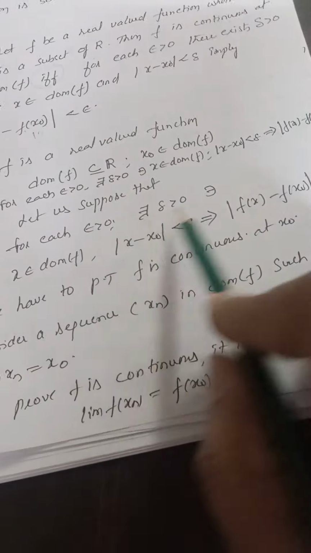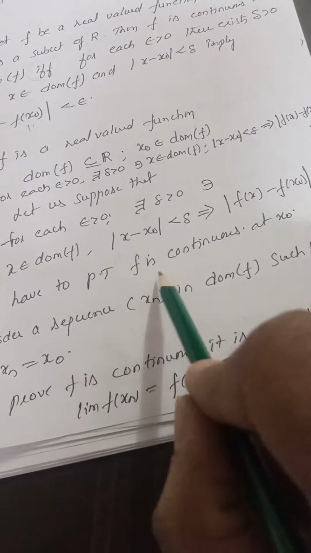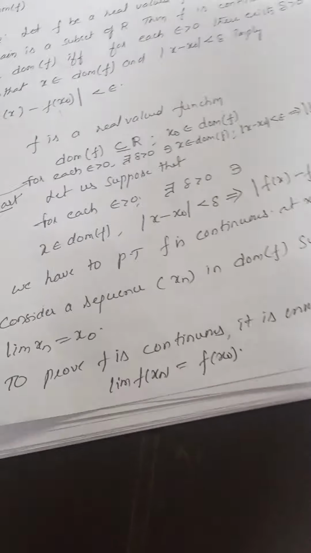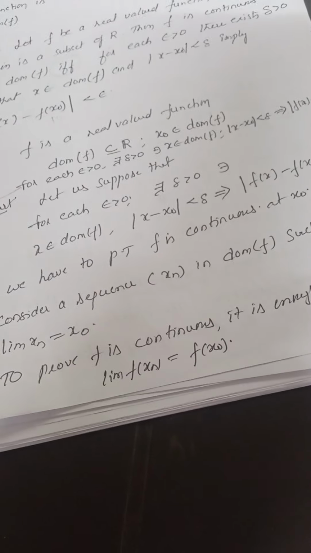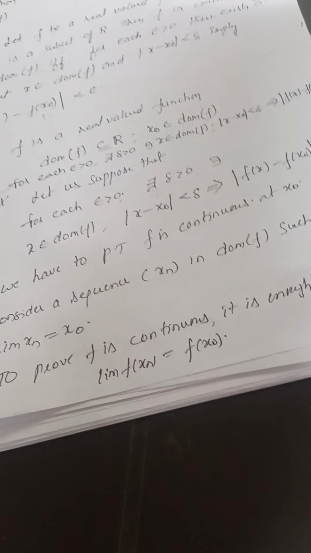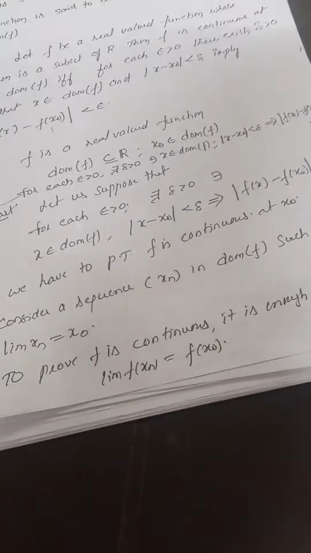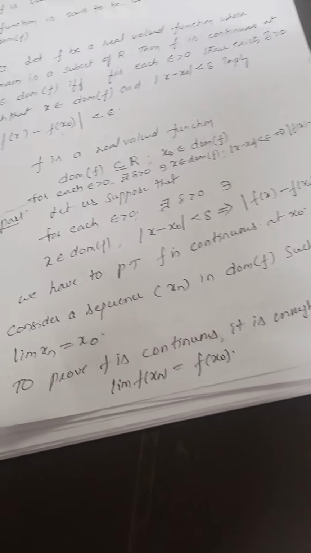I wrote the entire statement; we have to prove that f is continuous at x naught. Now, when do you say that a function f is continuous at x naught? We have to go through the definition. What is the definition? If there is a sequence in the domain, that sequence converges to x naught.